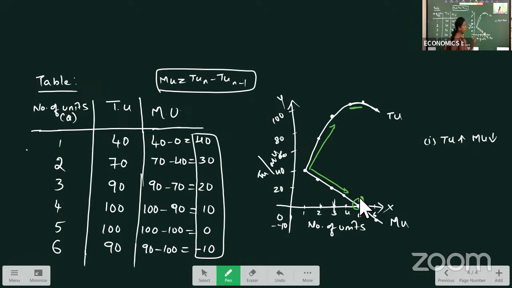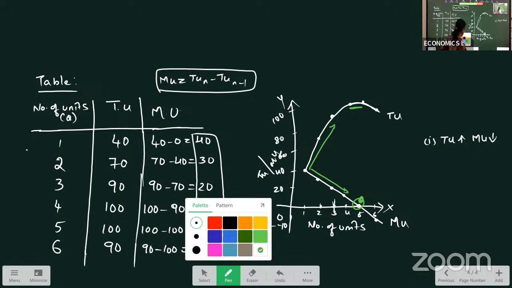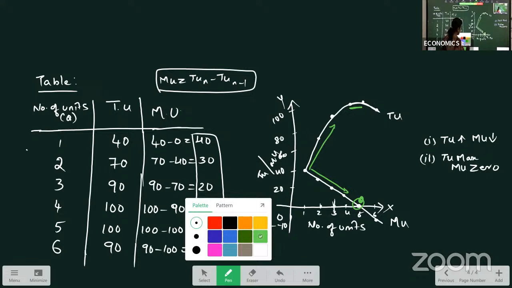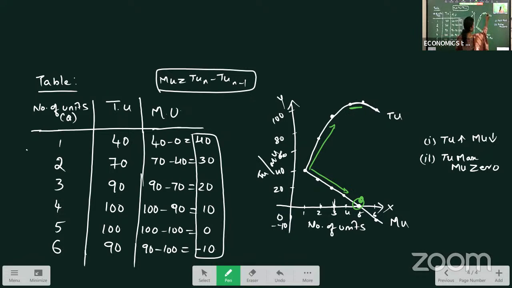So second point: when total utility is maximum, marginal utility is 0. In the table also, at the 5th unit, total utility is 100, but marginal utility is 0.